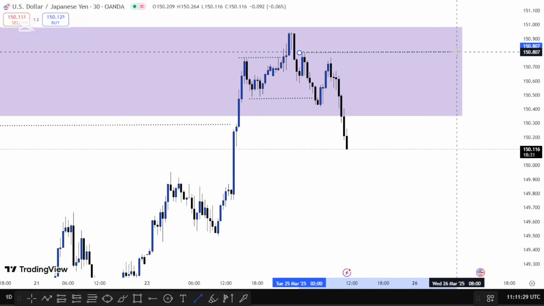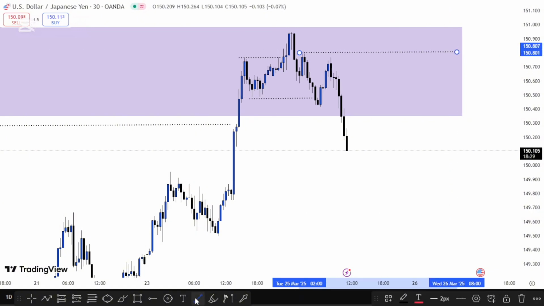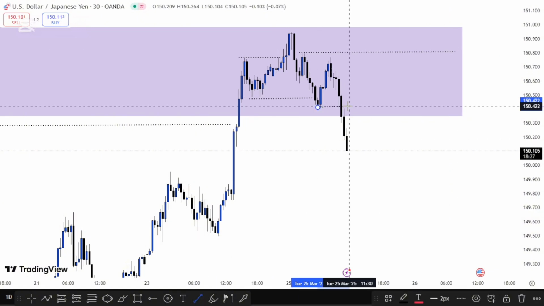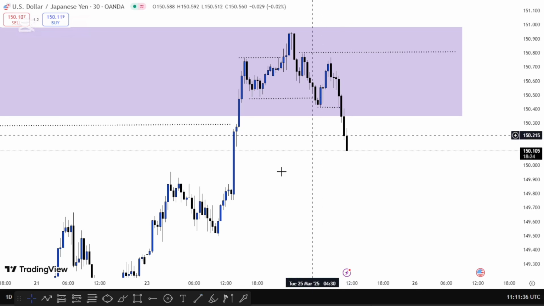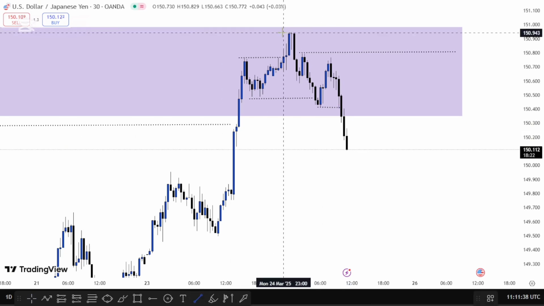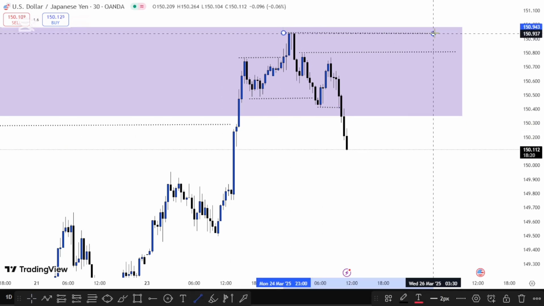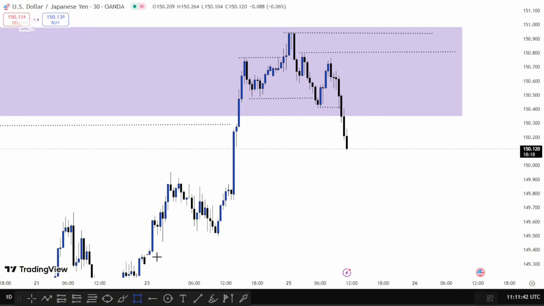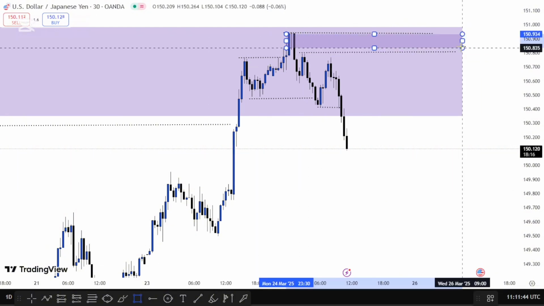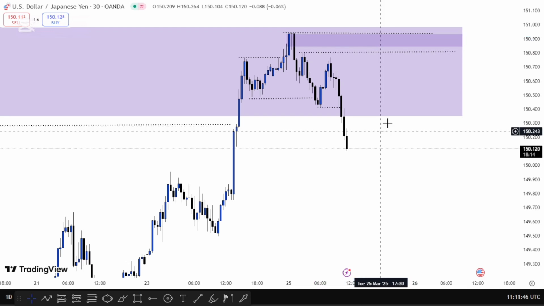I'm going to use the one above. That's my draw on liquidity, and I also have a second break of structure right here. So this is a very high probability trade, because it exists within the higher time frame setup. Let me just go ahead and delete this.